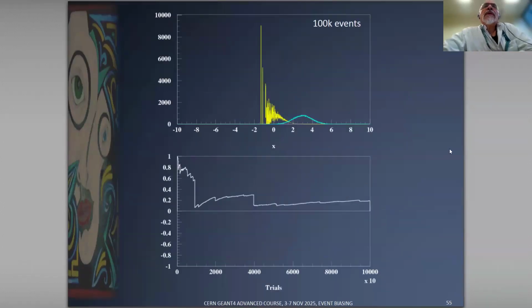So what you see is that when we sample 100,000 events, we do 100,000 random number generations with the blue one, and for each value we calculate the weight. The yellow part is the way we reconstruct the yellow Gaussian. You see that you don't recognize it essentially.